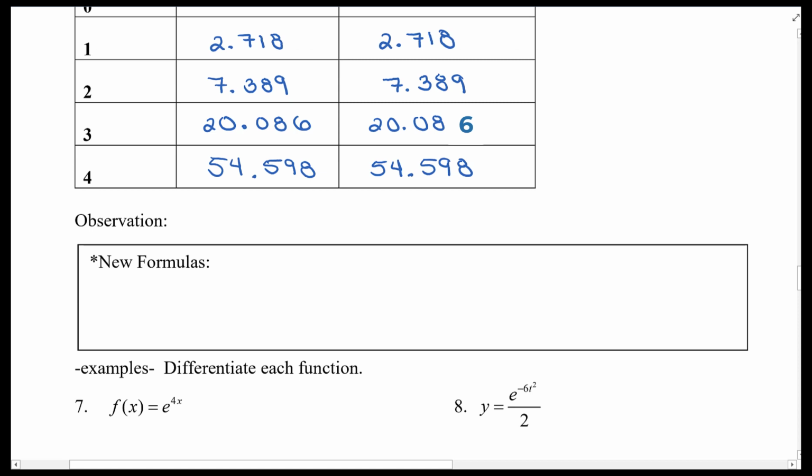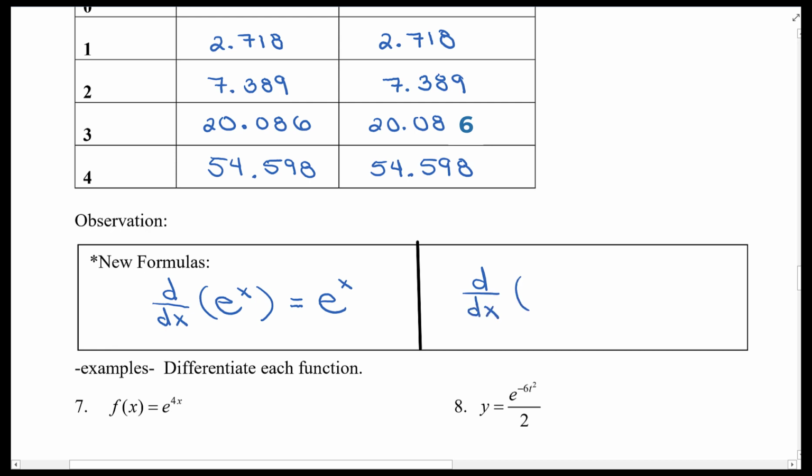So based off of this observation, what should we write down here for our new formulas? We should write down that the derivative with respect to x of e to the x is going to be equal to simply e to the x. I'm going to draw a vertical line here to separate this formula from this new formula I'm writing right here.